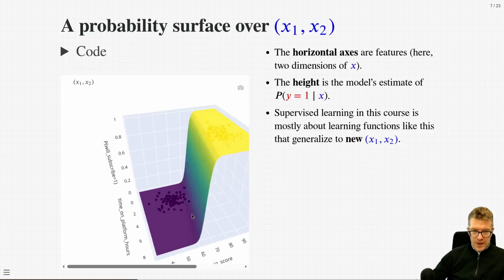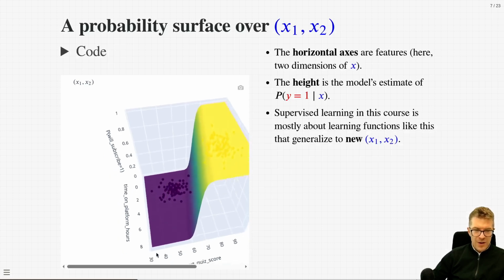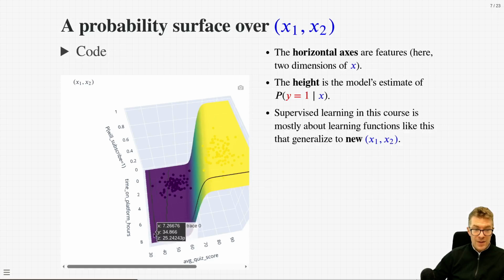If we observe a new data point in the future that we've never seen before, down here at location 6.77, 40.42, the probability that they're going to subscribe is very low. They have too low of a score on the quiz, even if they spend a lot of time on the platform, so we don't think they're going to subscribe.